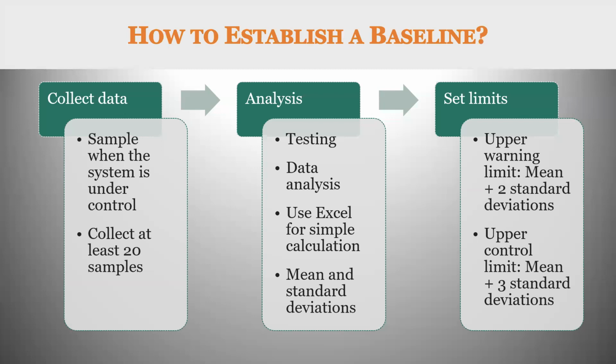To set the limits, there are different ways of setting the acceptance limit. You can use 2 criteria here. One is the upper warning limit, which is the mean plus 2 standard deviations. And then you can also set the upper control limit, which is the mean plus 3 times the standard deviation. So this applies to the environment, maybe zone 1, maybe zone 2, where you want to collect quantitative results to evaluate your sanitation.